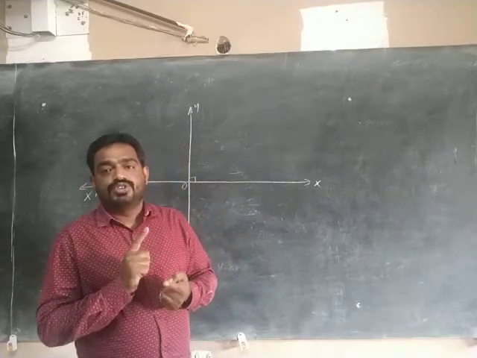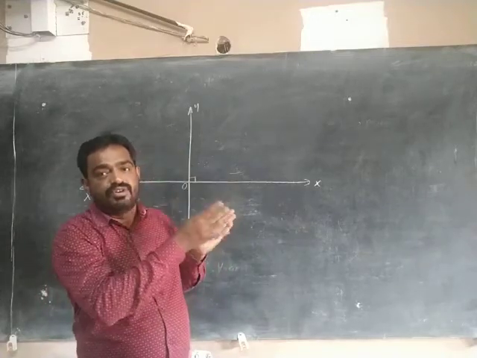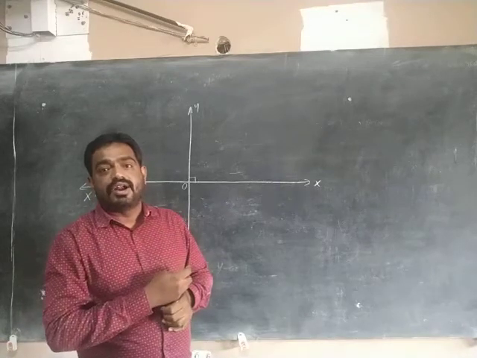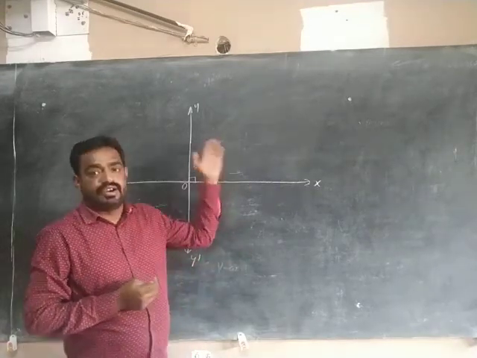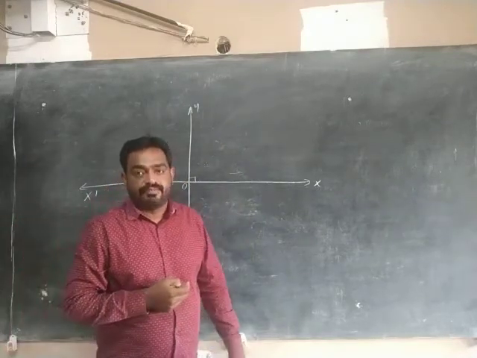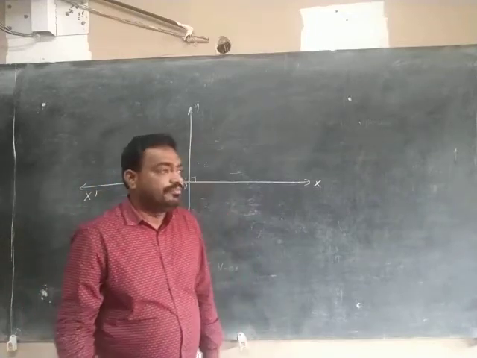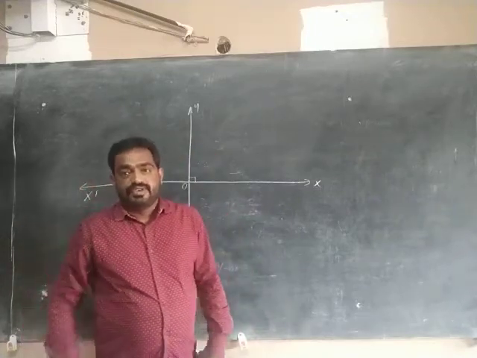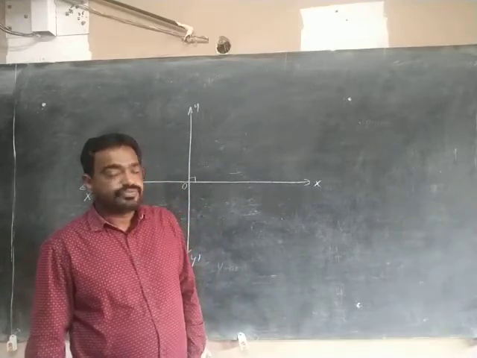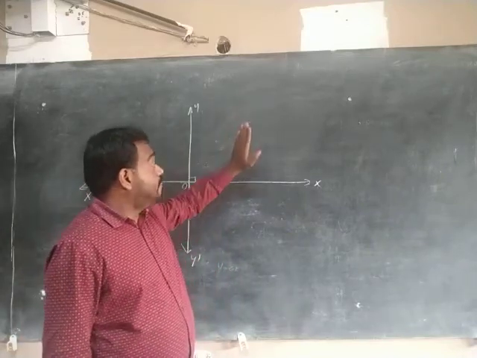Next, quadrant. What is the definition of quadrant? Two mutually perpendicular lines divide the plane into 4 equal parts. Each part is called a quadrant, namely first quadrant, second quadrant, third quadrant, and fourth quadrant. And coordinates: the perpendicular distance from a point to the y axis is called the x coordinate.